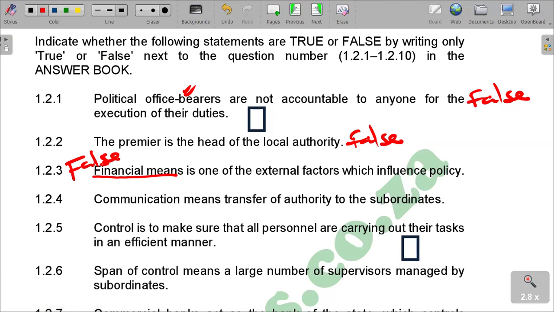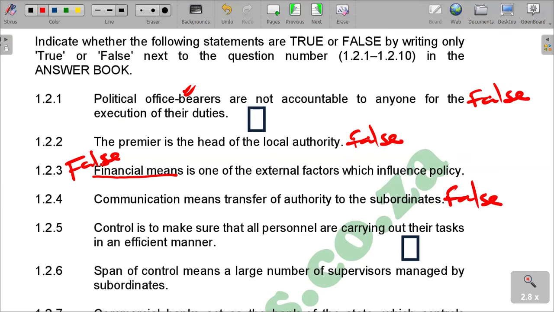Communication means transfer of authority to the subordinates. It is false.